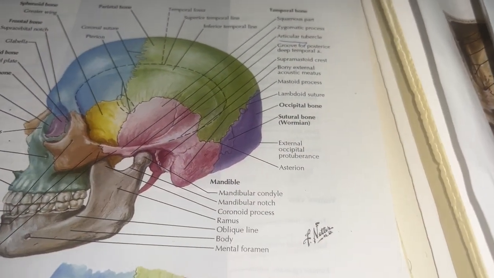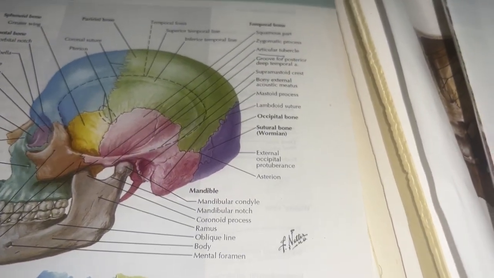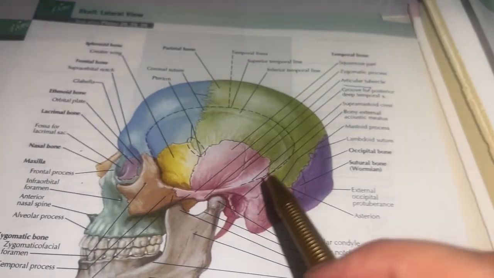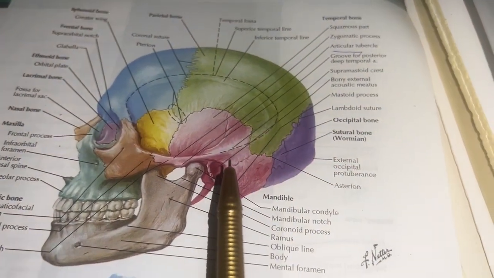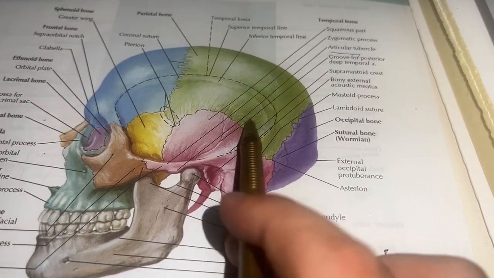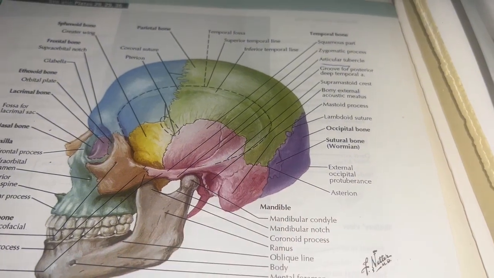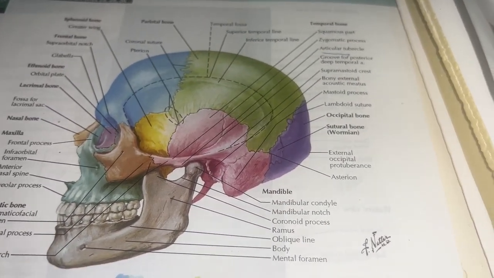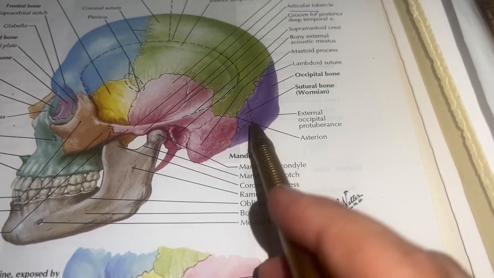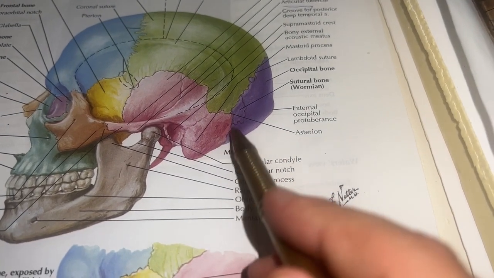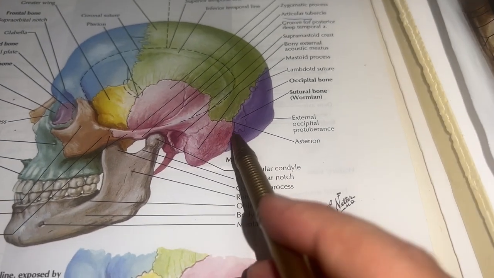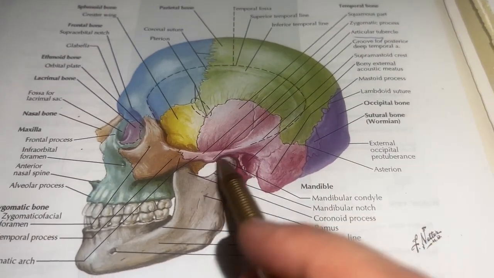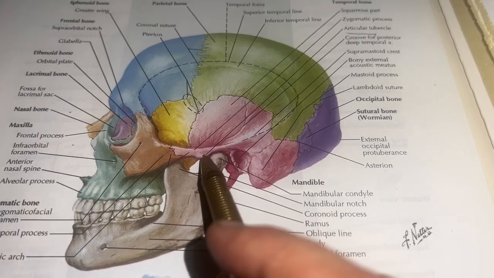The suture between the parietal and temporal bone is called the squamosal suture, while the suture between the occipital bone and the mastoid is called the occipitomastoid suture. This is the zygomatic arch.